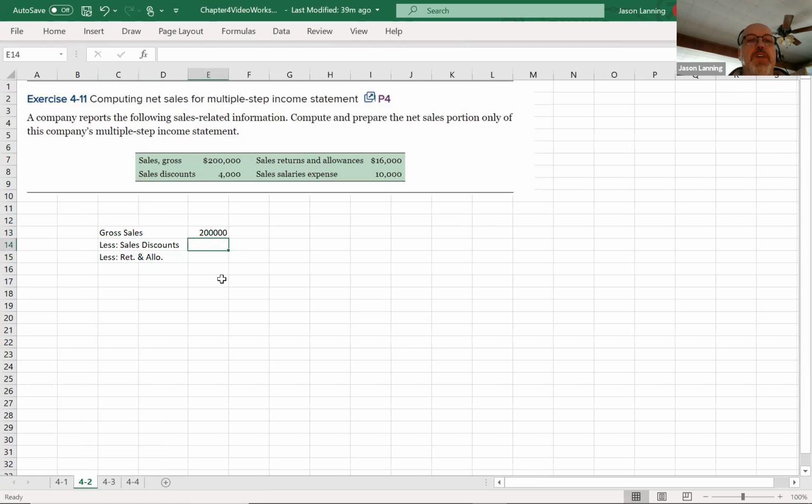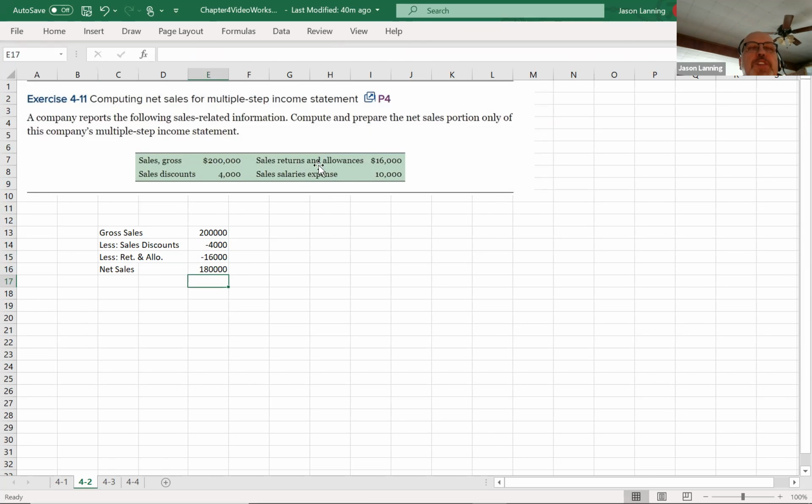Our sales discounts, it tells us, is $4,000, and I'm going to write this as a negative number, minus 4,000. And then our returns and allowances, we had sales returns and allowances of 16,000. So if we deduct that also, this will tell us what net sales is. Basically, all we have to do here is add these up, which means we have net sales here of $180,000.